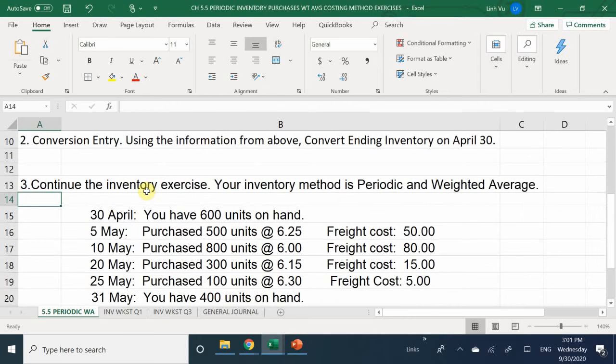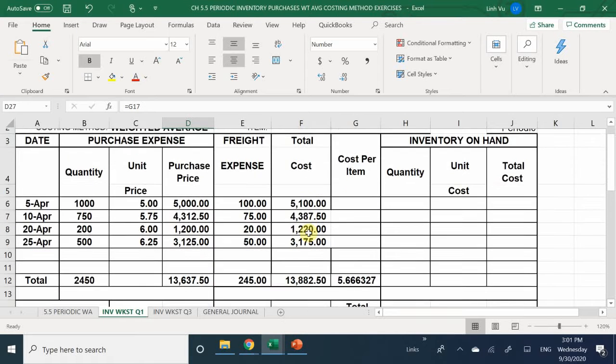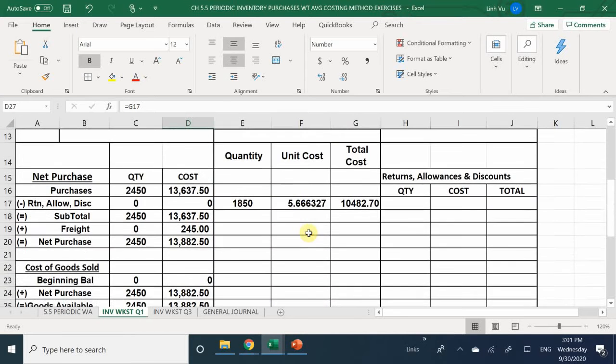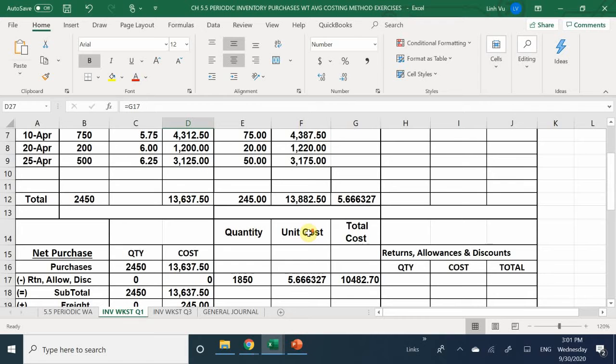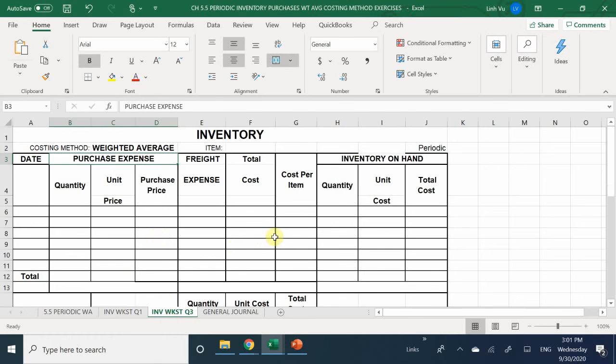Here we know that on April 30th, you should have a total of 600 items on hand, so I'm going to go to my previous worksheet and copy this piece of information down. I know I have 600 items and it's going to cost me a grand total of $3,399.80, so I'm going to copy this information into my other worksheet.